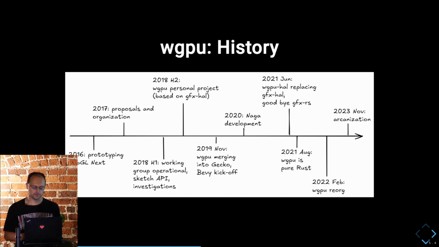Apple shows something similar, and Google shows something entirely different. And throughout 2017, we're trying to converge on something common, like trying to organize the working group together. And by 2018, the working group is set and is collaborating on a Sketch API. This is where we had the GPU for the Web group within W3C. It's just a working group.